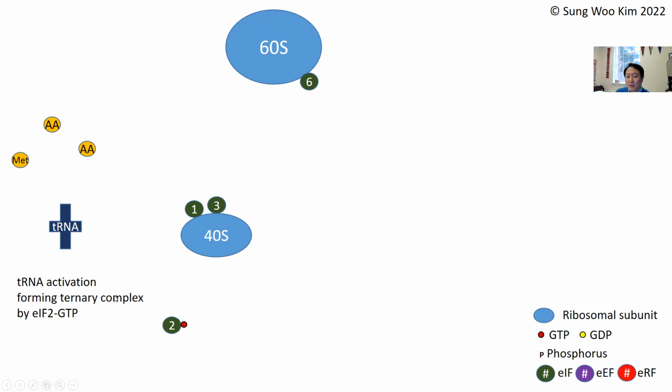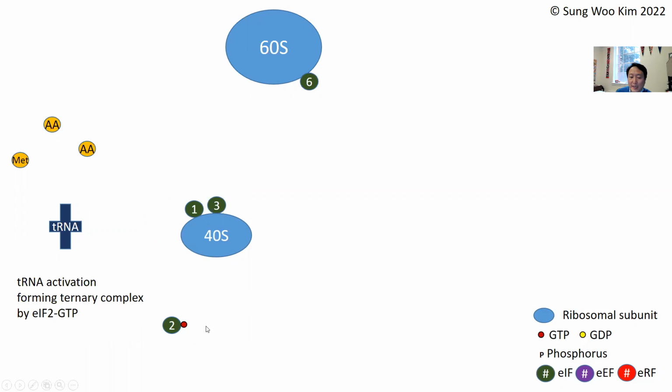In this activation, we need another initiation factor called initiation factor 2. This initiation factor 2 includes GTP, guanine triphosphate. Okay? It has energy. Okay?